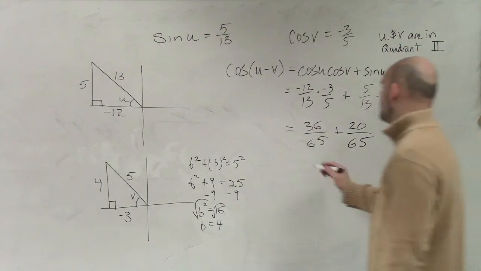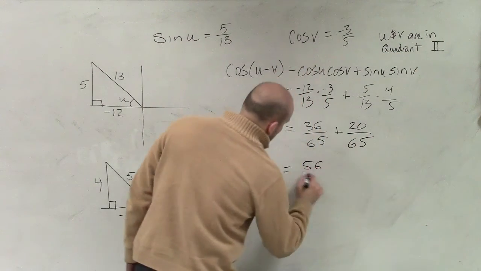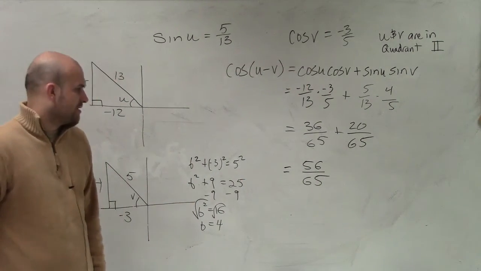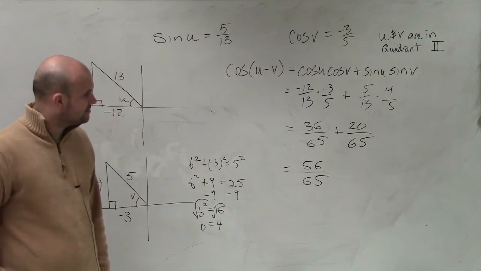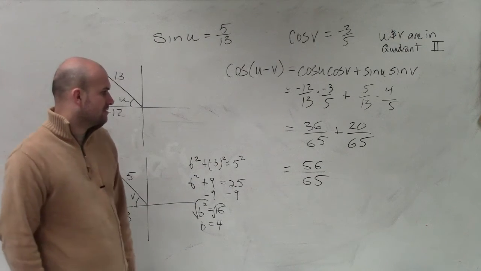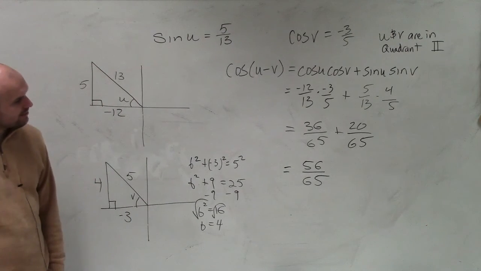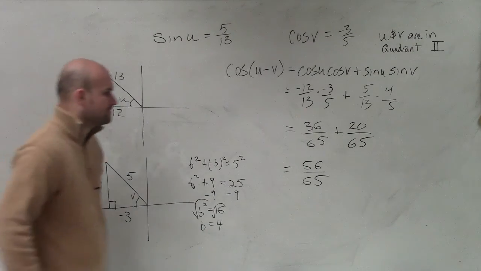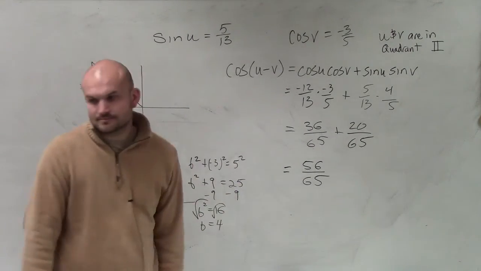And then you add them up: 56 over 65. And then we always want to see, are there any numbers that divide into both of those? No. Okay, so that's it. Got your simplified answer. Cool.